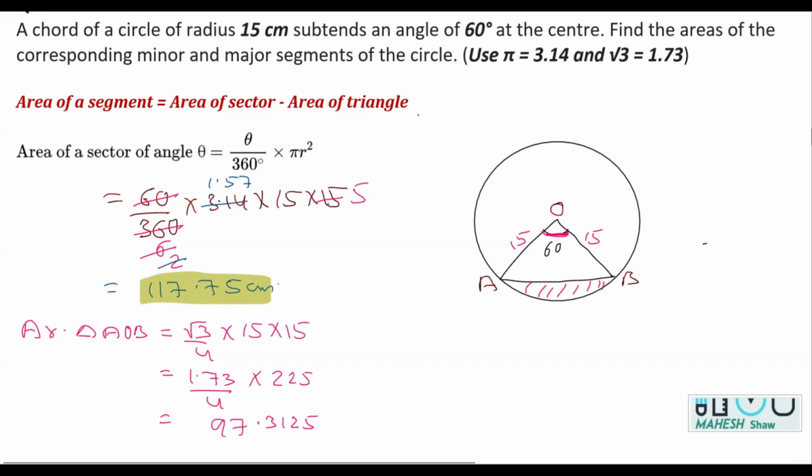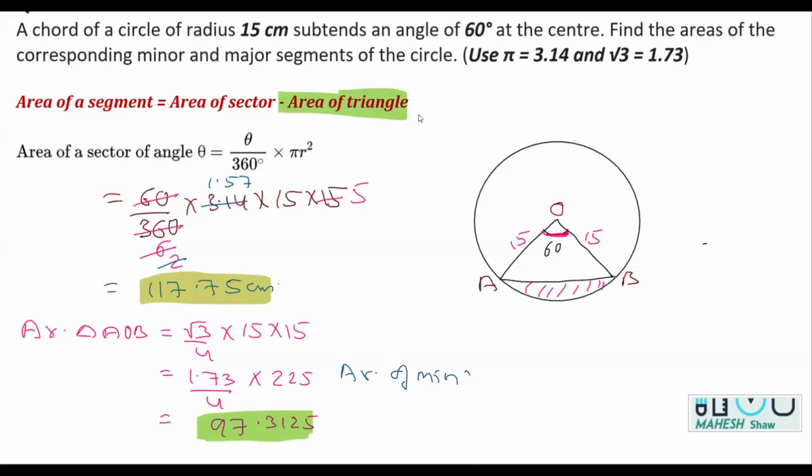This time we got the area of this triangle, right? And the area of the triangle is this. Now, in order to get the area of the minor segment, the sector we have already calculated.